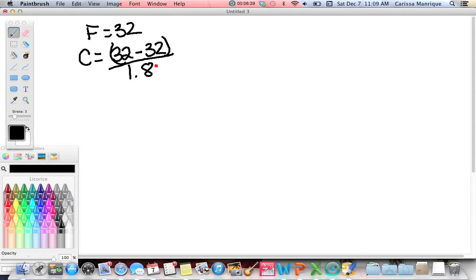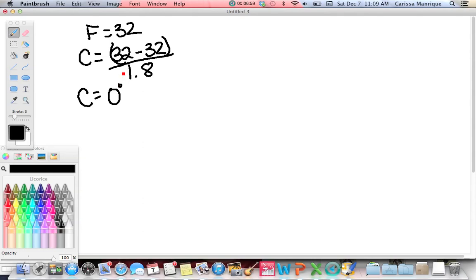So 32 minus 32, that's 0. It doesn't matter if we divide by 1.8, it's still going to be 0. So when it's 32 degrees Fahrenheit, Celsius equals 0 degrees.